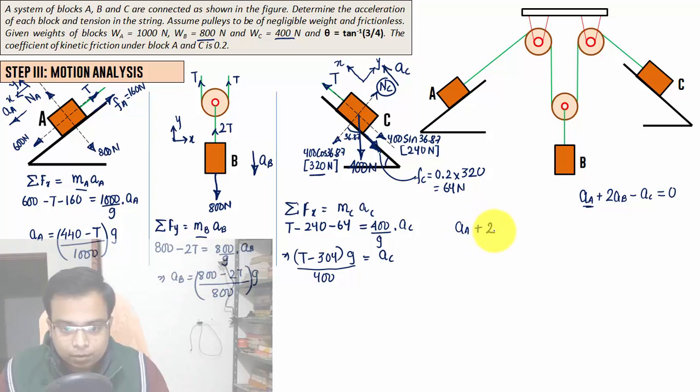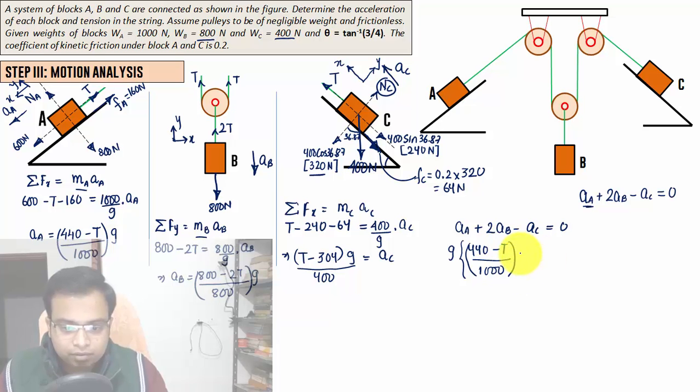AA plus 2AB minus AC is equal to 0. So how much is AA? This much. G can essentially be taken as common from all of them. So it's going to be (440 minus T) over 1000. Done. What's next?